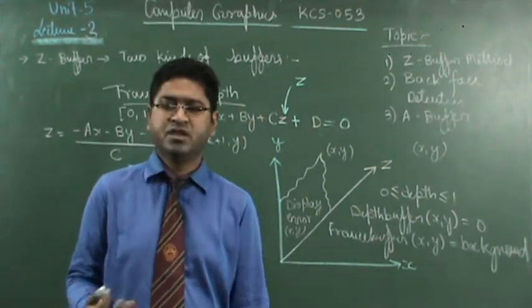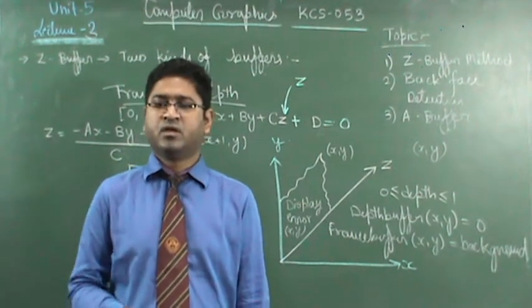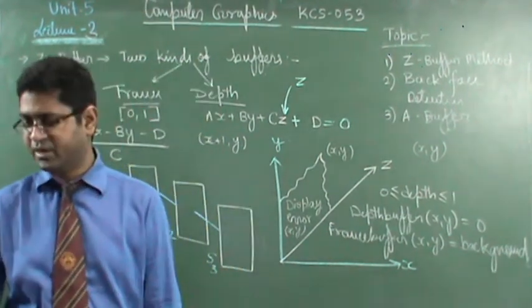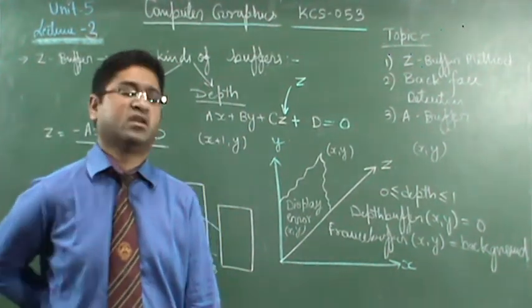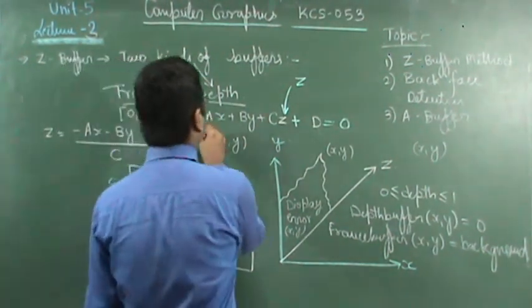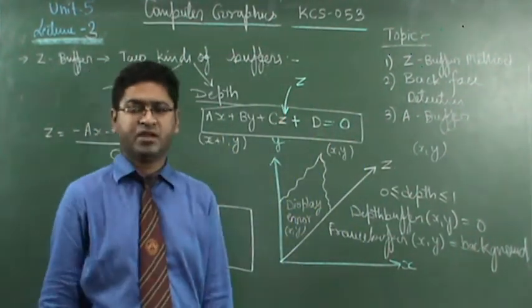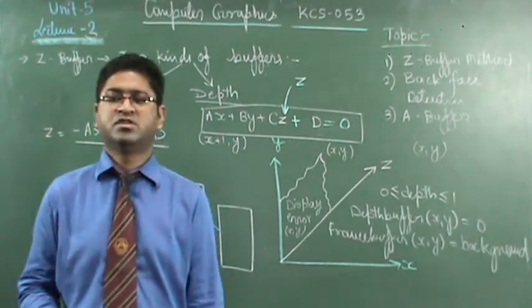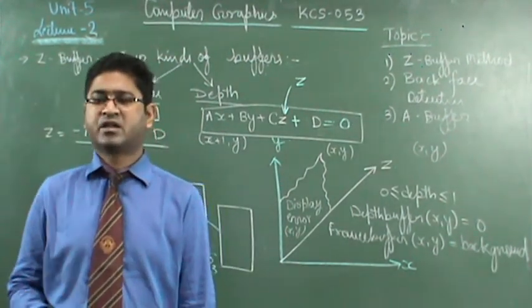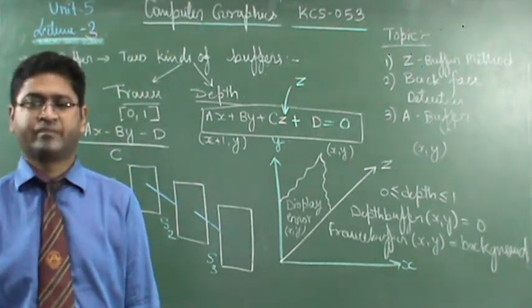Then process each polygon: for each projected pixel x, y position of a polygon, calculate the new depth. We have the planar equation ax plus by plus d equals 0, and this planar equation can be obtained using depth values for a surface position. The depth at x, y is calculated from the plane equation for each surface.